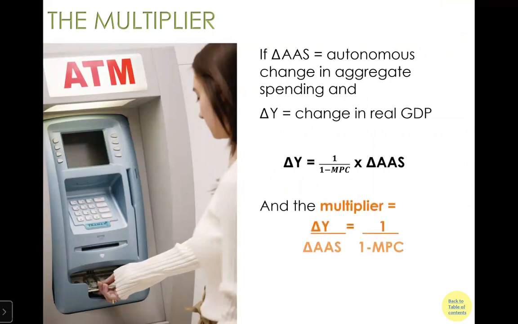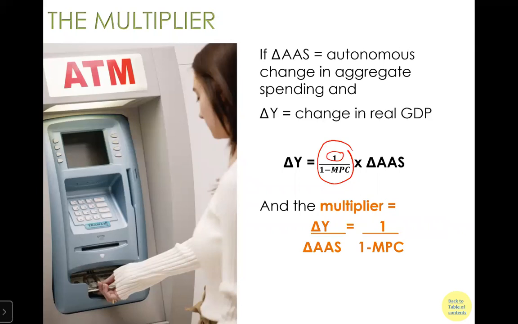Now we are ready to look at this multiplier. Right. So actually the multiplier essentially is this term. And what is this term? This term is what we just discussed: the total impact on aggregate spending when we have an initial $1 increase in spending, right?